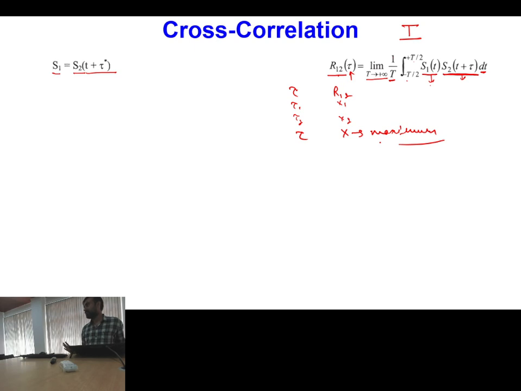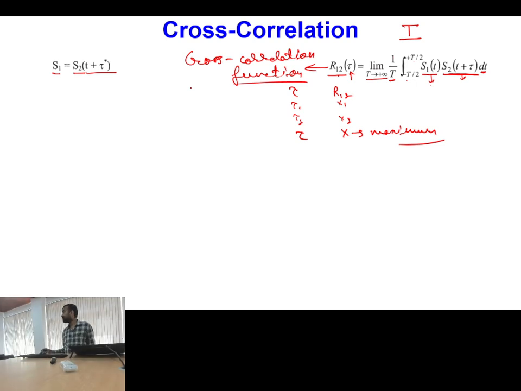Is this point clear? So this is called the cross correlation function.